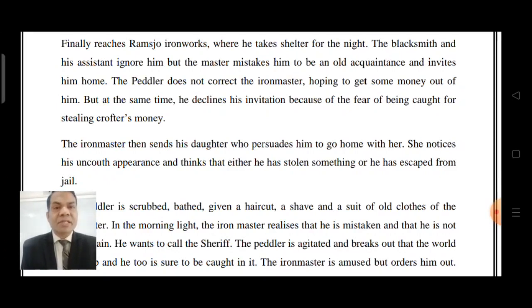The blacksmith and his assistant ignore him, but the master mistakes him to be an old acquaintance and invites him home. The peddler does not correct the iron master, hoping to get some money out of him. But at the same time, he declines his invitation because of the fear of being caught for stealing the crofter's money.